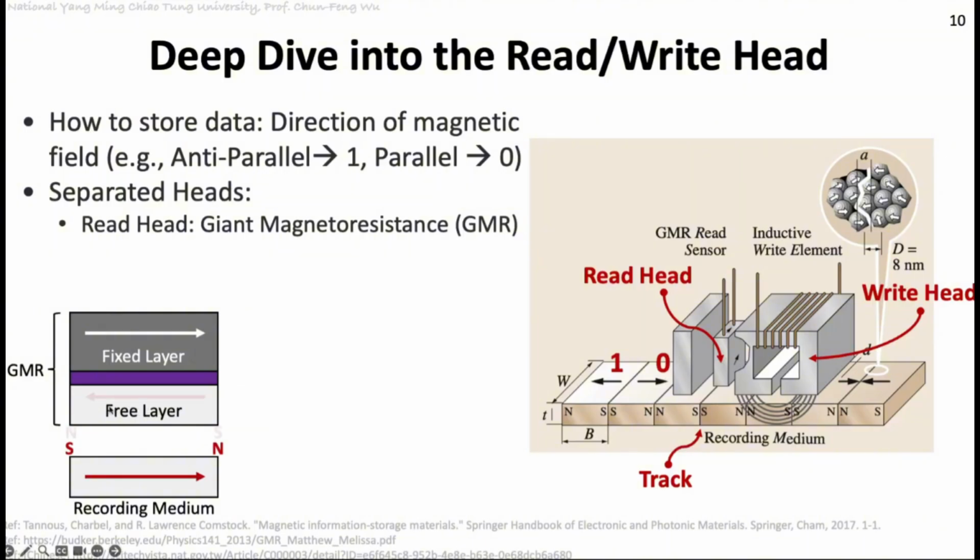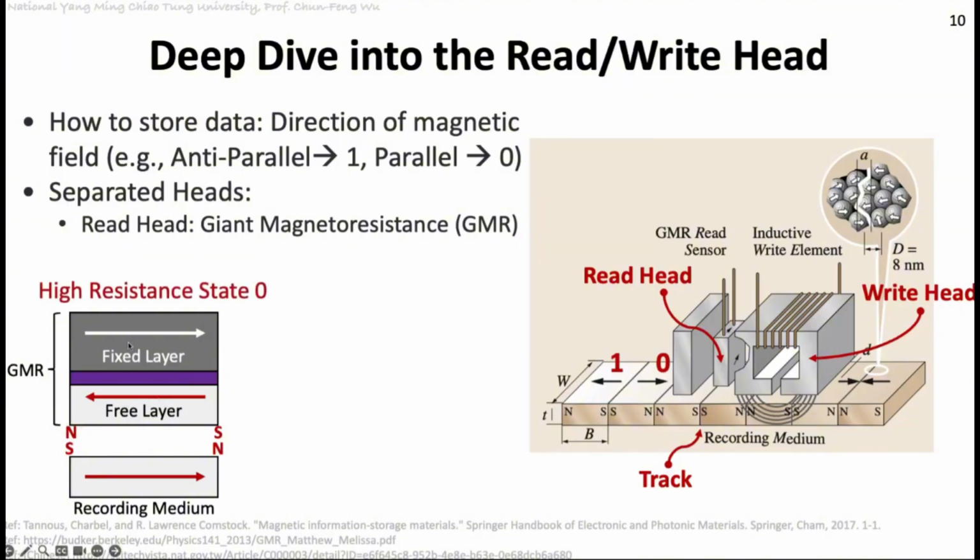So the free layer will become like this kind of direction. The left hand side is N and the right hand side is S, right? Because it goes through the recorded medium, it will be magnetized.